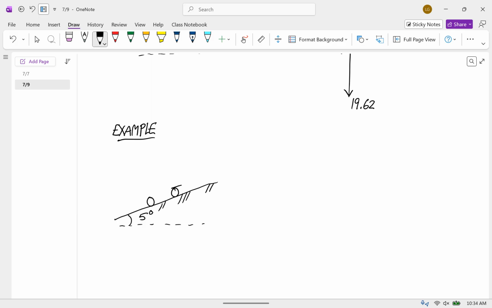And there's a cart on it that makes frictionless contact with the surface. That's what the wheels mean. Let's say that this has a mass of 5 kilograms. And this cart is held up on the ramp by a cable.